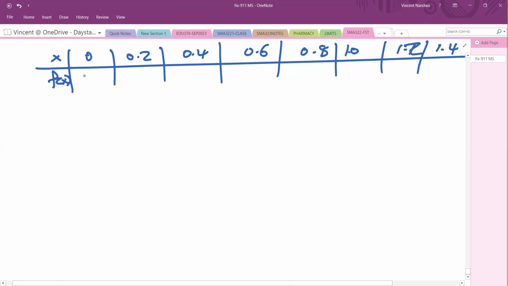And then assume that f values are 5, 7, 10, 14, 19, 30, 38, and then 58, such that when you put in the values of x, these are the corresponding values of f.